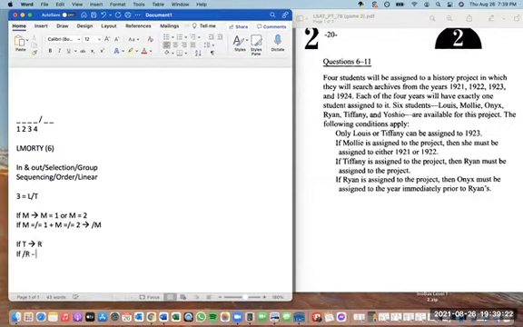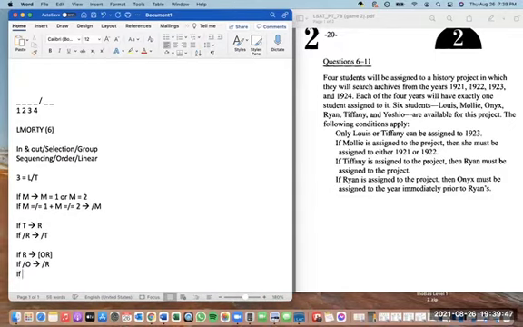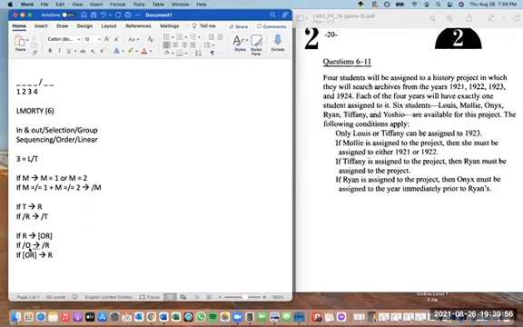If we don't have R, then we don't have T. And if we have R, then we have O, and O has to be assigned to the year immediately prior to R. So if we don't have O, then we can't have R, but also if we can't have O immediately before R, then we can't have R. So maybe O is in, but there isn't enough space for O and R to be side by side. That tells me that I cannot have R.